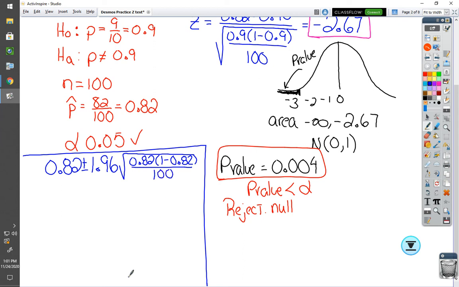Remember, these are two different values, one plus and one minus. When we do the minus, we get 0.745. When we do the plus, we get 0.895.